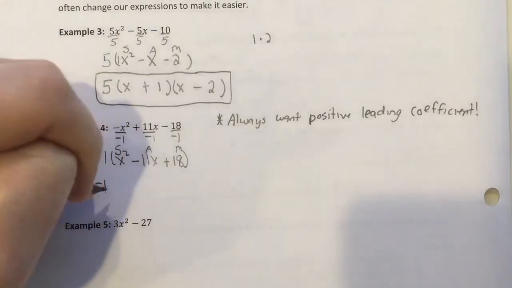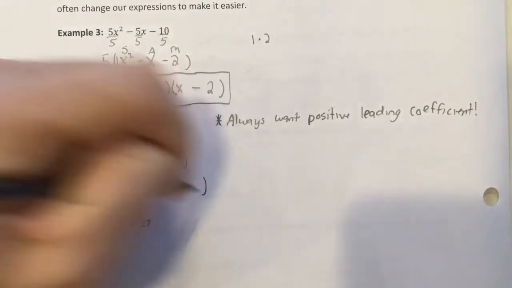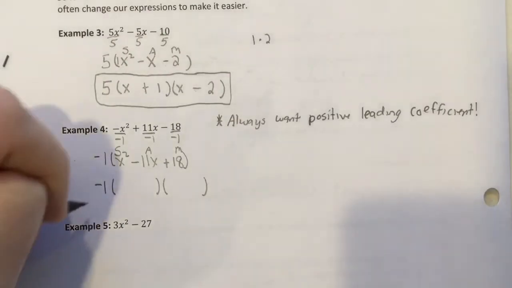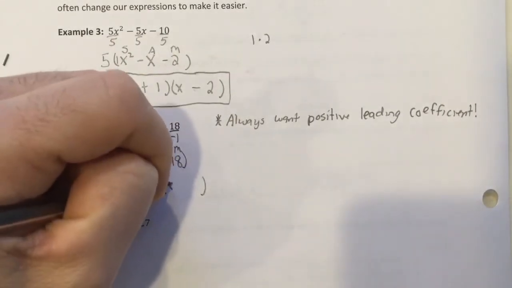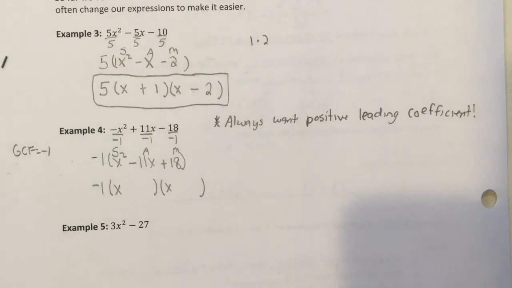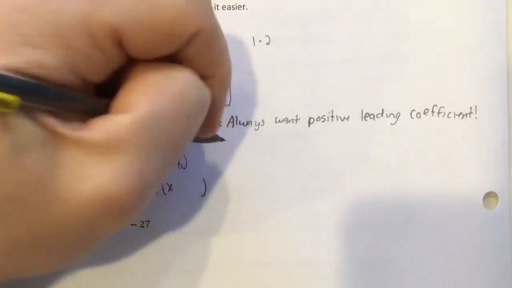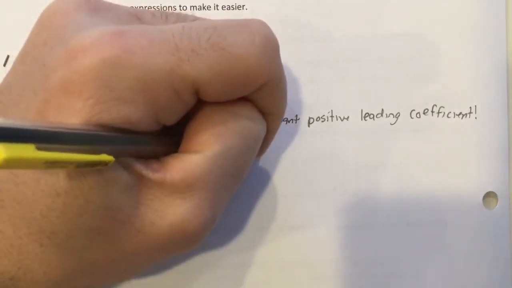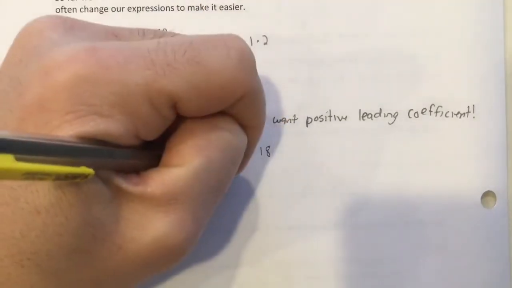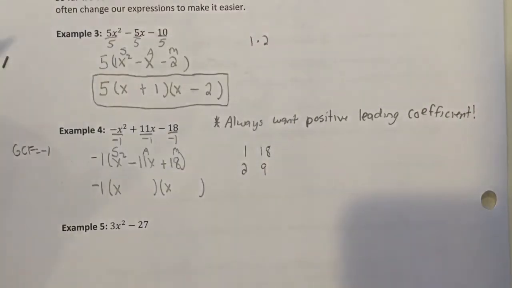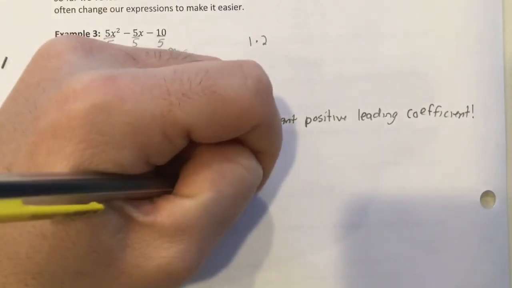So the negative 1 stays in front. I have 2 sets of parentheses. I have x and x. Now I'm saying what multiplies to 18 and adds to negative 11. So things that multiply to 18 are 1 and 18, 2 times 9, and 3 times 6.